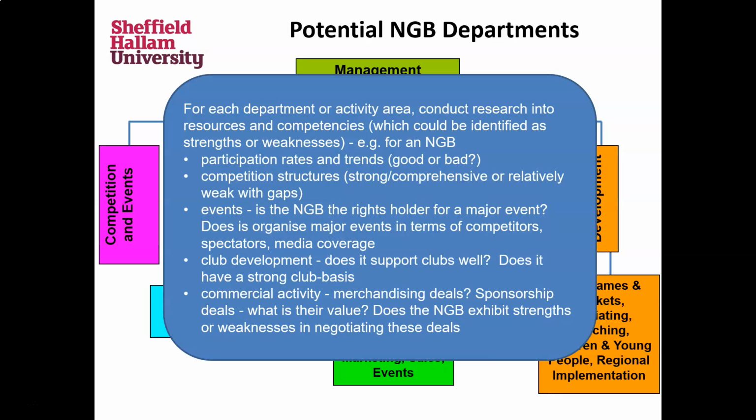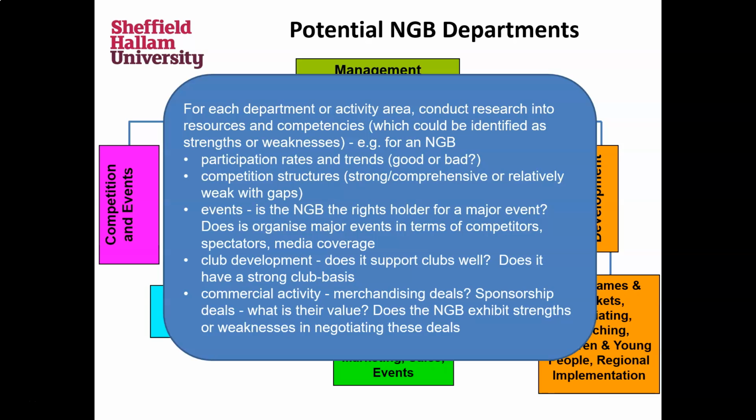One of the key things that distinguishes national governing bodies in terms of their finance is their rights holding for leagues or competitions or events. Some NGBs will hold things which are in high demand in terms of broadcasting and sponsorship, and others won't, and that will determine to a large way the resources that the organisation has and the ways it can pursue its strategy.